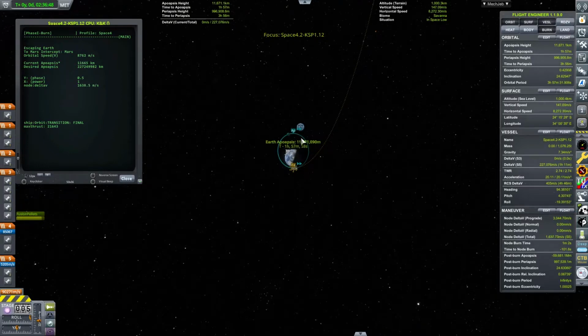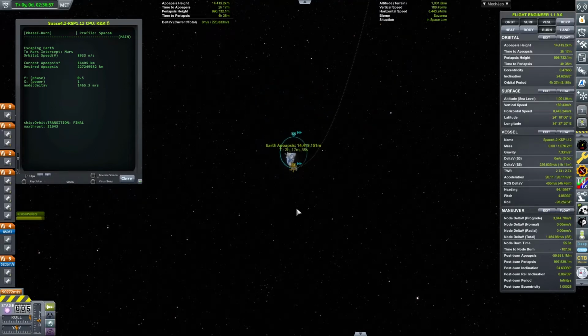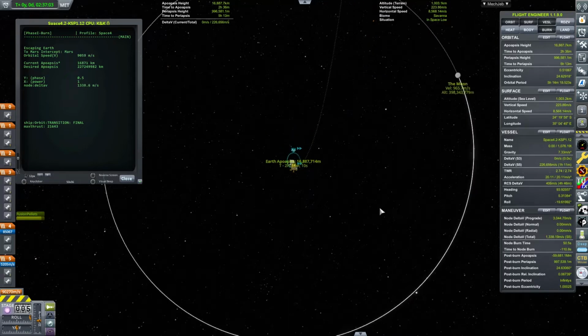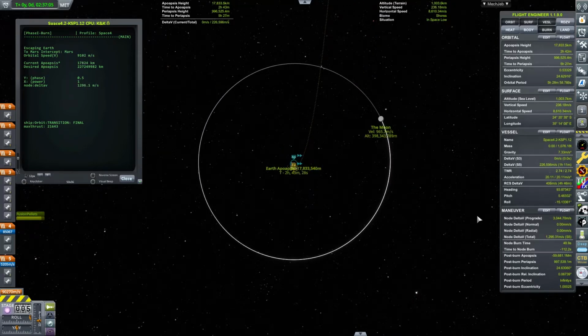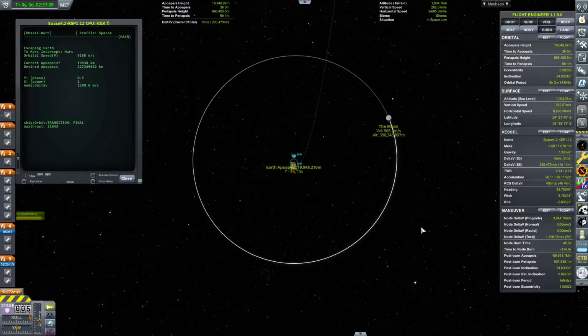Now we are about half. So imagine we used half of our burn and our fuel needed to increase this, and then the other half will put us outside, into Earth escape from the gravity sphere of influence of Earth.